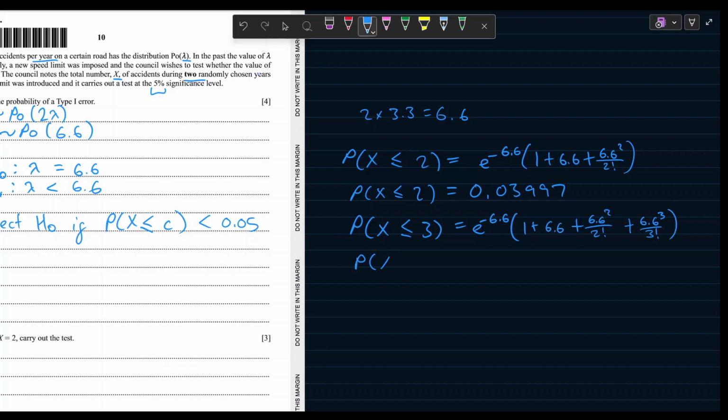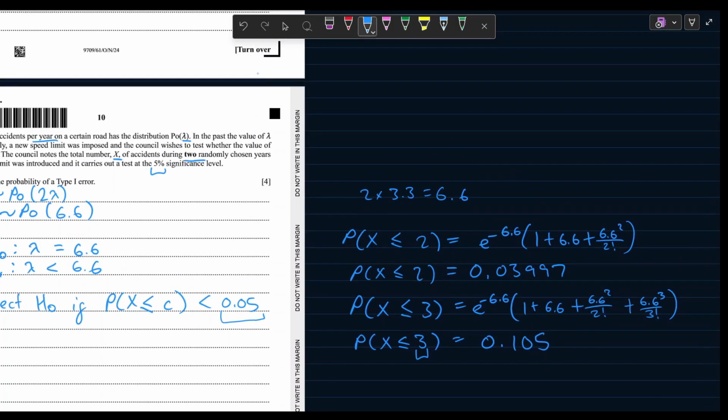Punching that into the calculator, we get 0.105. This is in fact greater than 0.05, so 3 would now be outside of the rejection region.